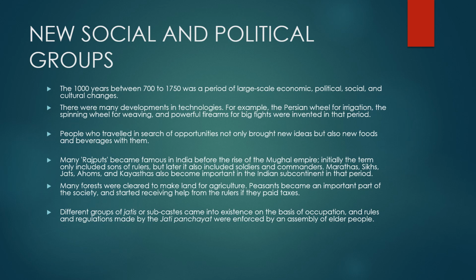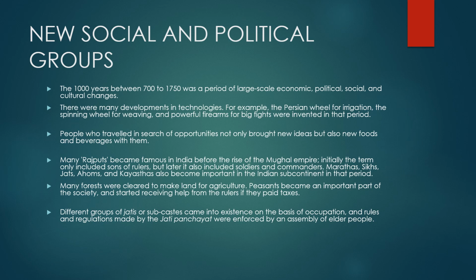Many Rajputs became famous in India before the rise of the Mughal Empire. Initially, the term only included sons of rulers, but later it also included soldiers and commanders. Marathas, Sikhs, Jats, Ahoms and Kayasthas also became important in the Indian subcontinent in that period.